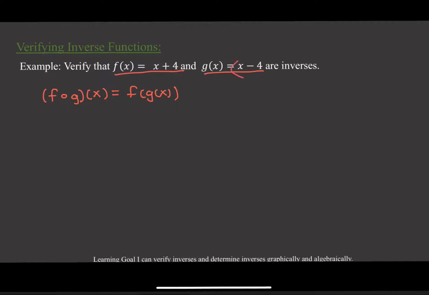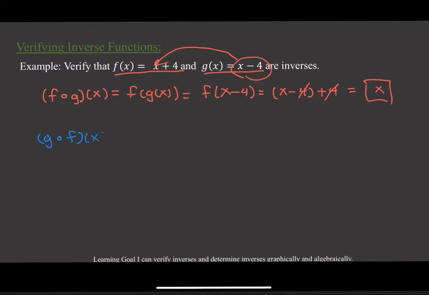I'm going to take all of g and plug it in, use that as my input for function f. So f of x minus 4, which is g, is going to be x minus 4 plus 4. And here, when we simplify this out, you would see that your -4 and your +4 are just going to cancel out. So you do, in fact, end up with just x.